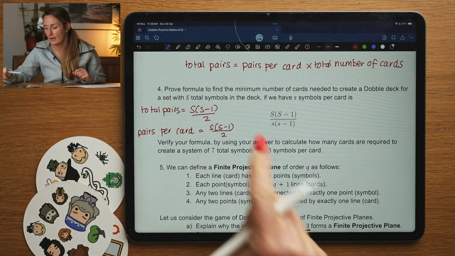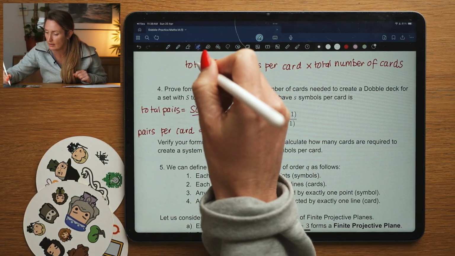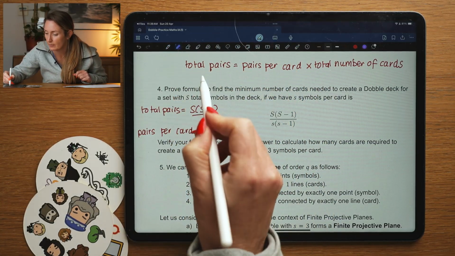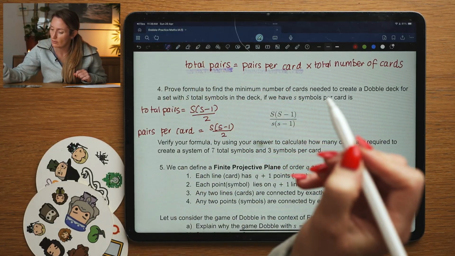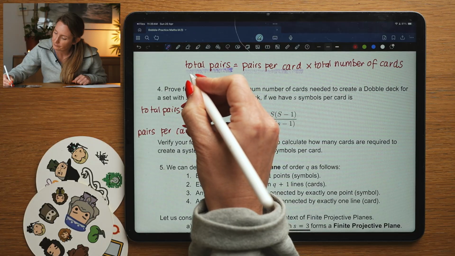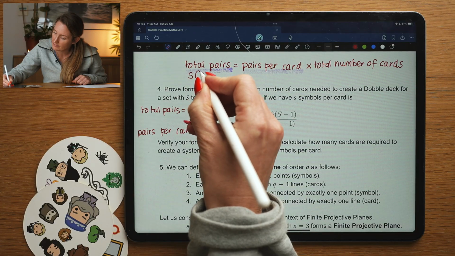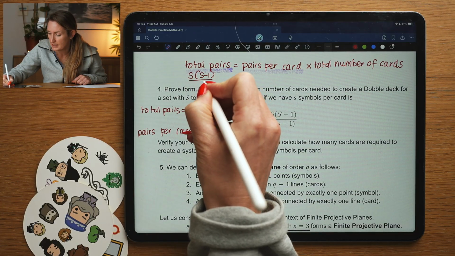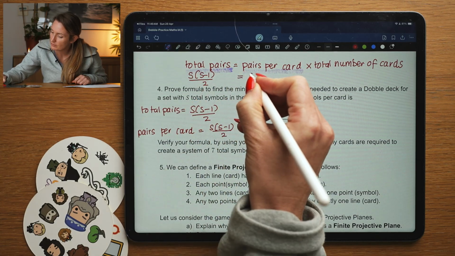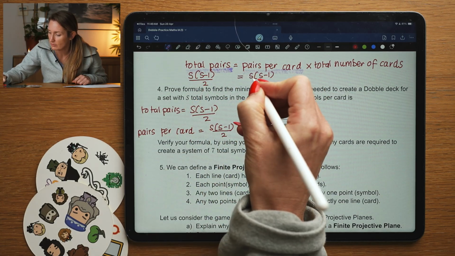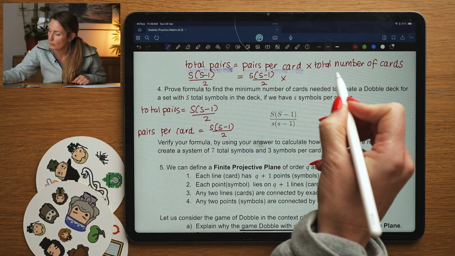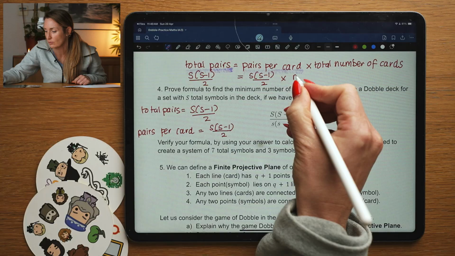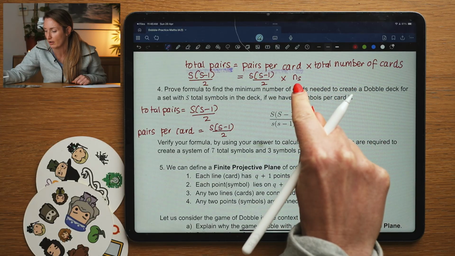Now, we have expressions here for the total number of pairs and the pairs per card. So this was big S times S minus 1 divided by 2, which is equal to little s times s minus 1 divided by 2, times the total number of cards, which we call NS, the minimum number of cards we need.